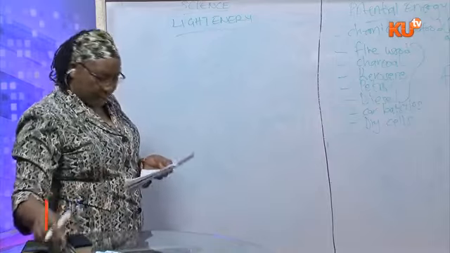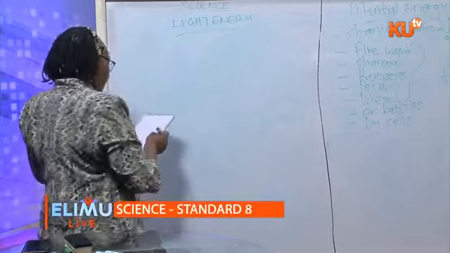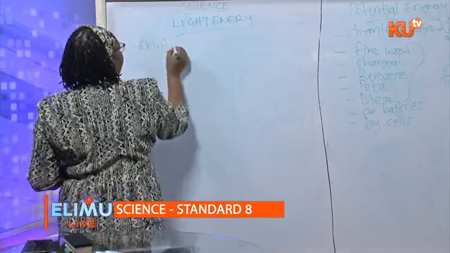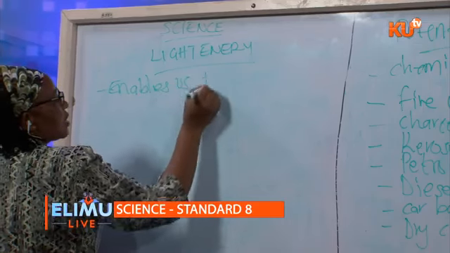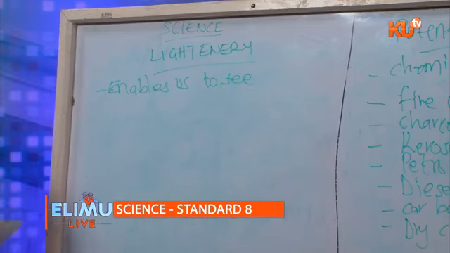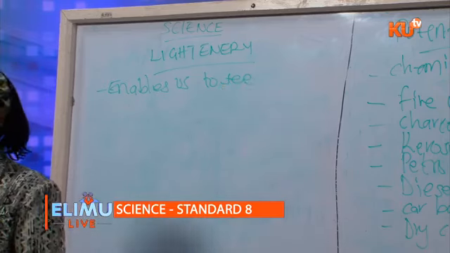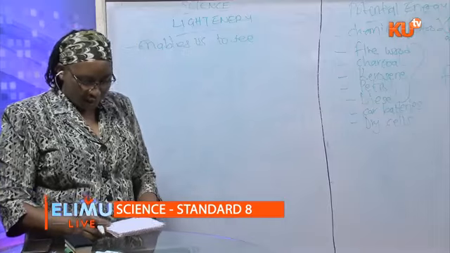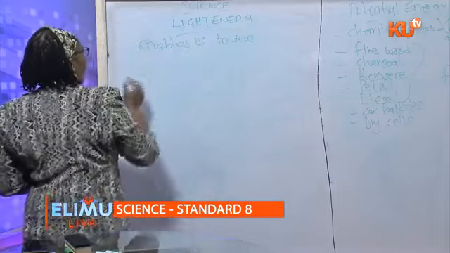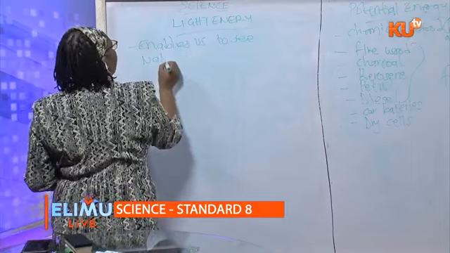Light energy. Now, so the light energy enables us to see. The very important aspect of light is that it enables us to see. Now we have sources of light and we have natural sources.